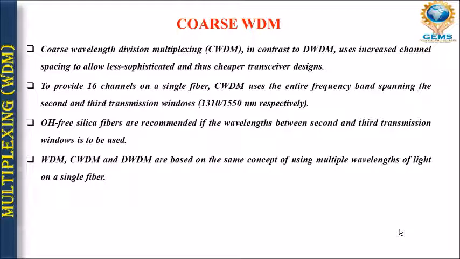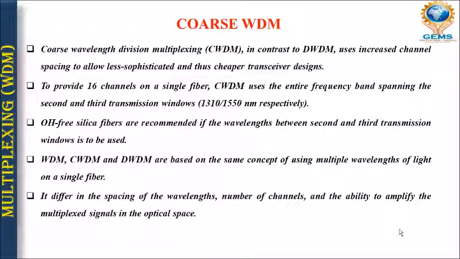WDM, CWDM, and DWDM are basically based on the same concept, using multiple wavelengths of light on a single fiber. They differ in the spacing of wavelengths, the number of channels, and the ability to amplify the multiplexed signals in the optical space.